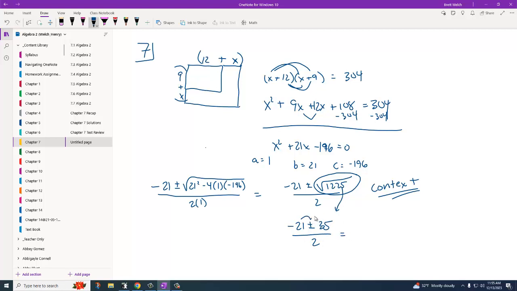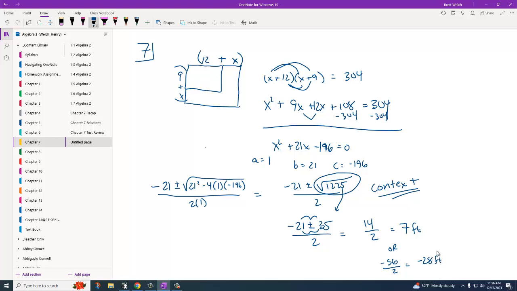And now I'm going to do the plus version and the minus version to produce my two answers. Negative 21 plus 35 is 14, but that 14 needs to be over 2, which makes it equal to 7 feet. Or if I do negative 21 minus 35, that would be negative 56 over 2, which is negative 28 feet.